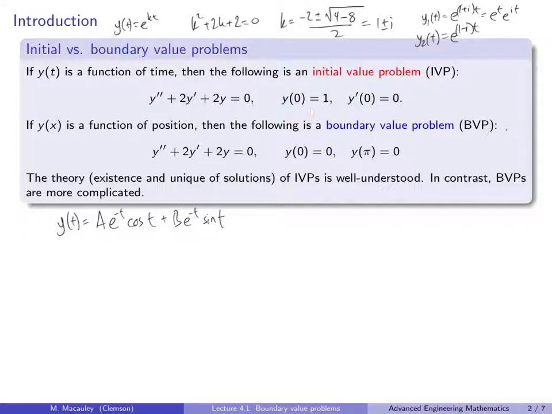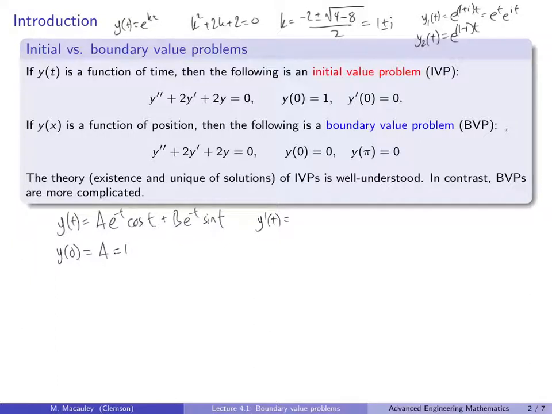So if we plug in 0, y of 0, we get a times 1 plus 0, so a, and that equals 1. So we know what a is. Now let's use the next initial condition. The next one says that y prime of 0 equals something, so let's take the derivative first.